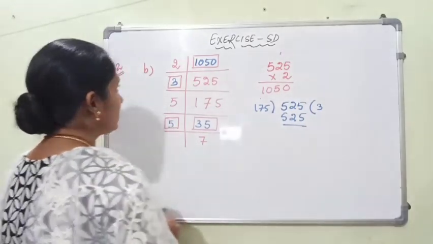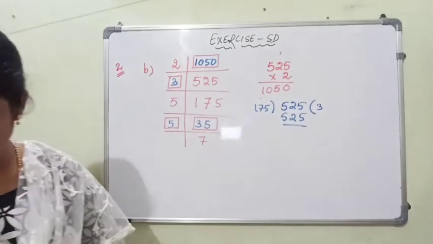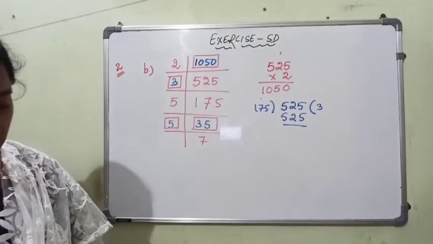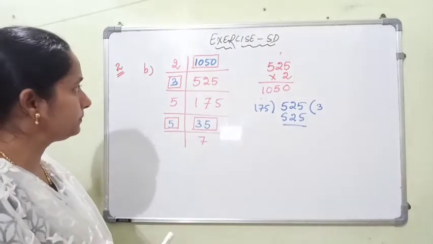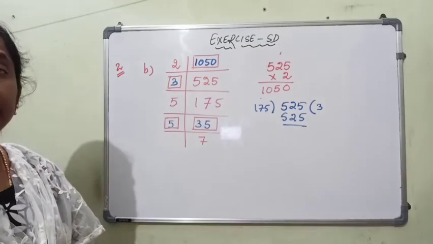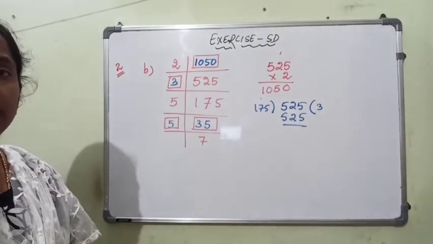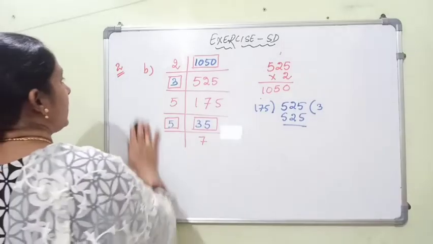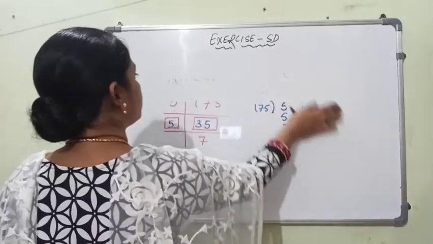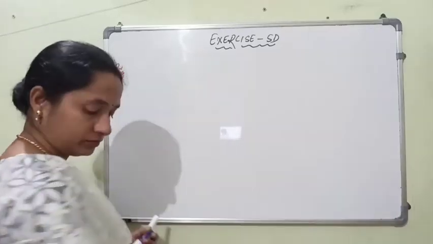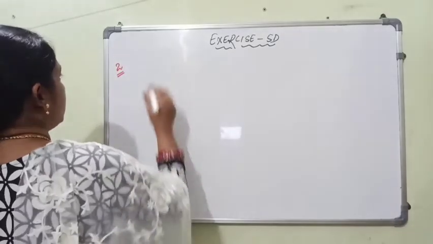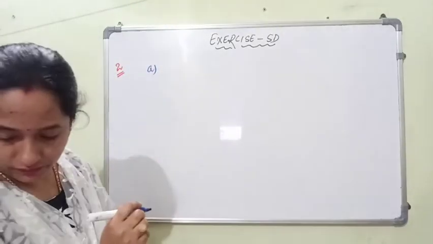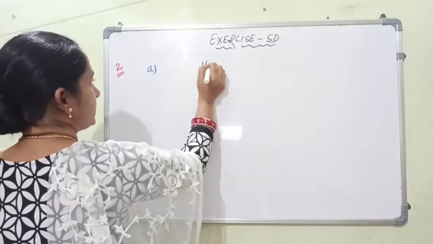Okay, next we have even question number A. The bit A also I will help you in solving. Let me see how to solve bit A. Here in bit A you have 160.